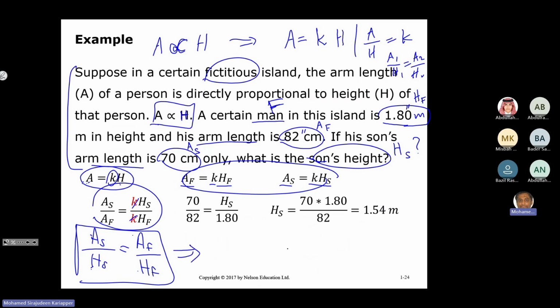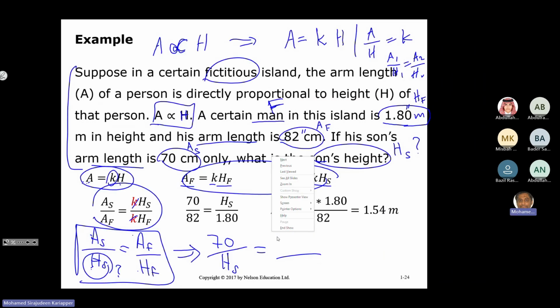Now I can substitute what is given. The question is HS. Everything else is given. So AS is 70. HS is not given. AF is 82 centimeters.